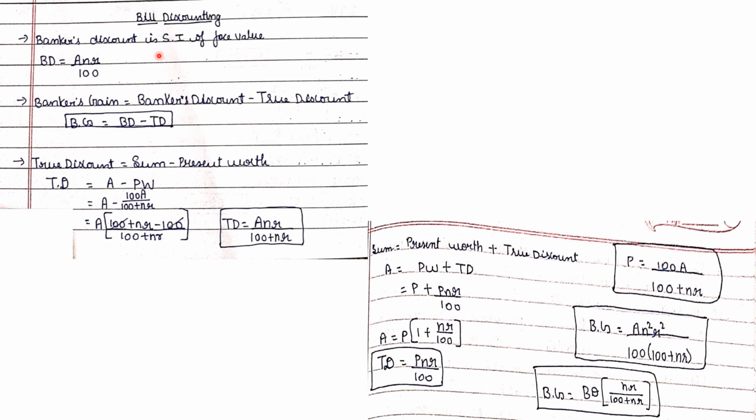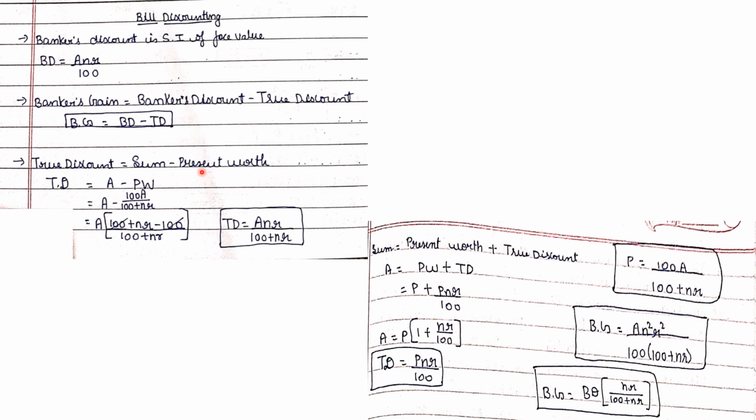The formula is ANR by 100, where A is the amount, N is the number of years, and R is the rate of interest. Banker's gain is banker's discount minus true discount, that is BG equals BD minus TD. True discount is sum minus present worth.